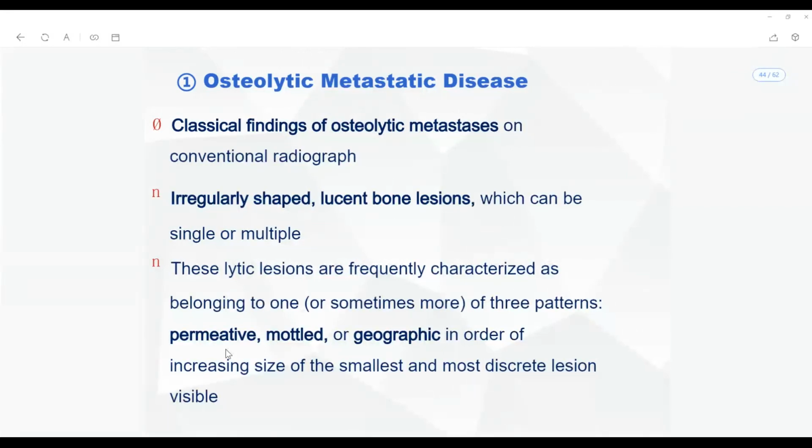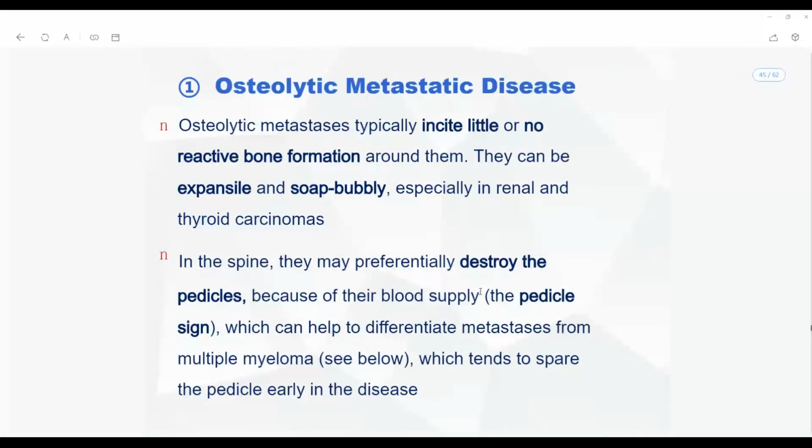Permeative pattern, mottled appearance, and geographic appearance are characteristic features of osteolytic metastatic disease. I have included all these appearances in the practical slides so that you will try to remember them. That is for your reading and understanding purposes later on.